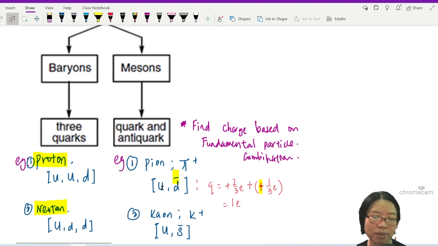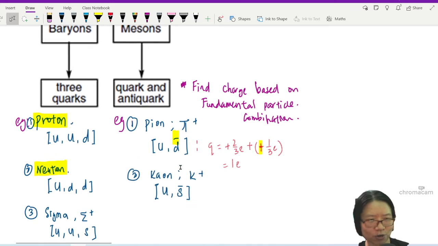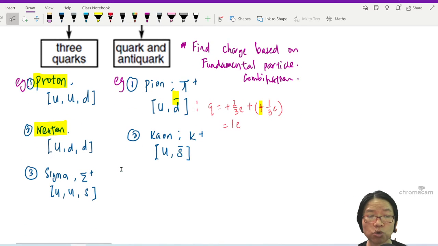And how do we put them together? Gluon, strong nuclear force. So what you need to know here, besides proton and neutrons composition, is to either deduce the charge based on whatever combination of fundamental particles they chose from the table, or given the charge, decide what the other fundamental particle is.